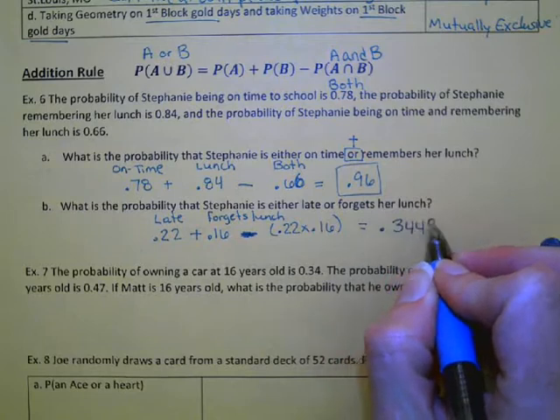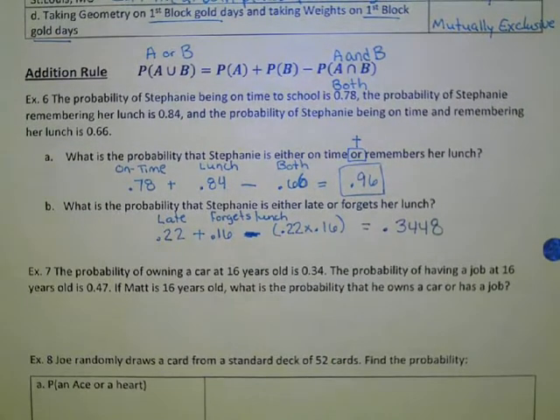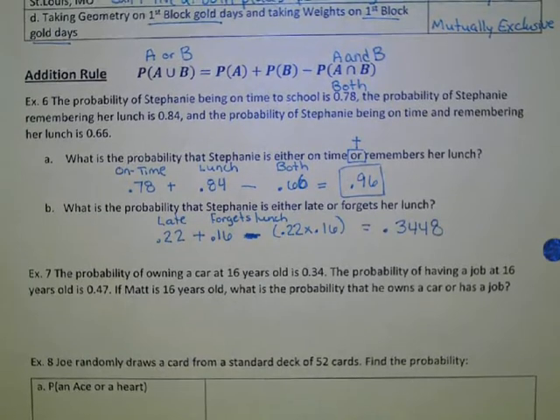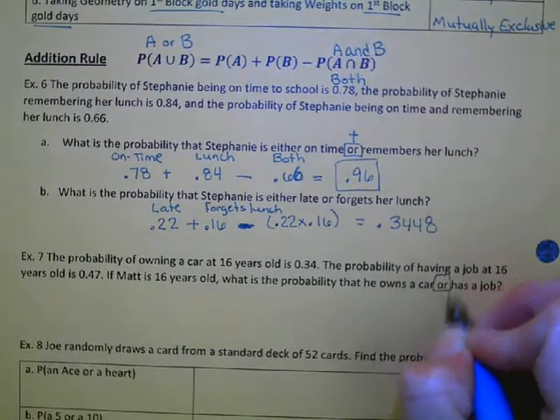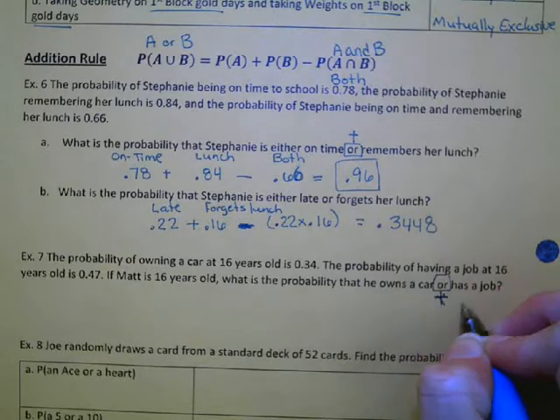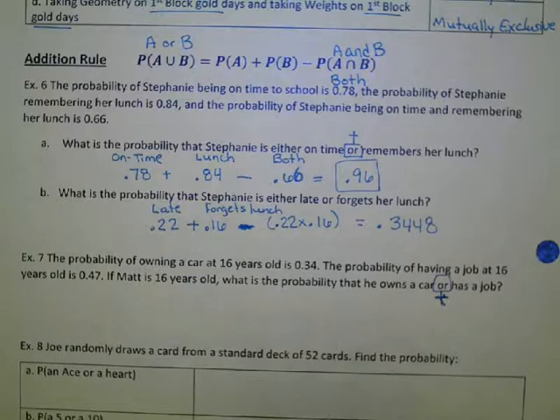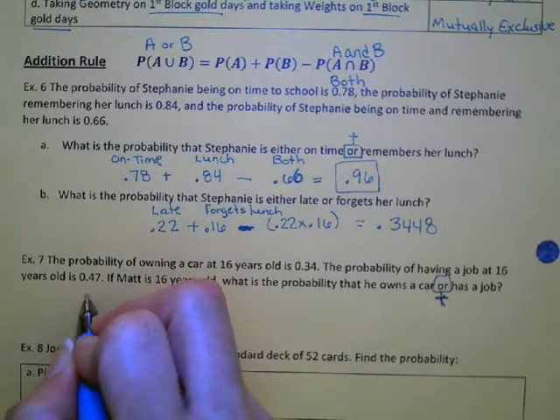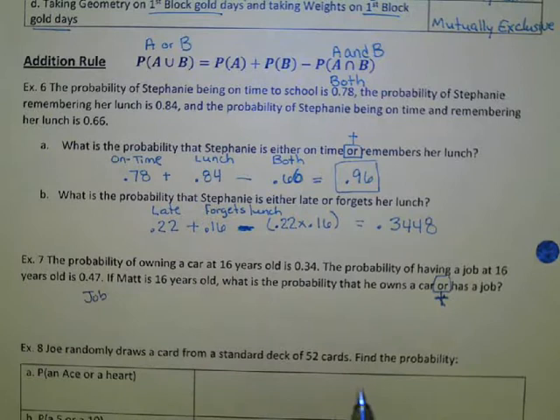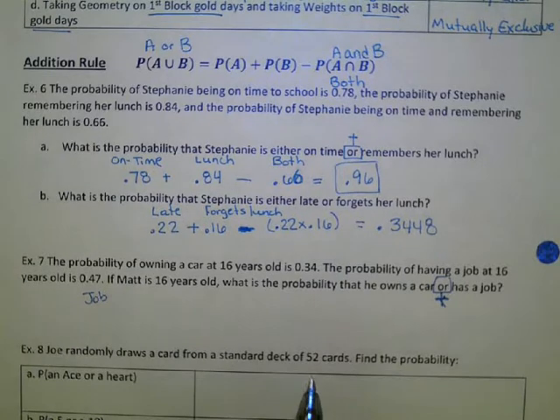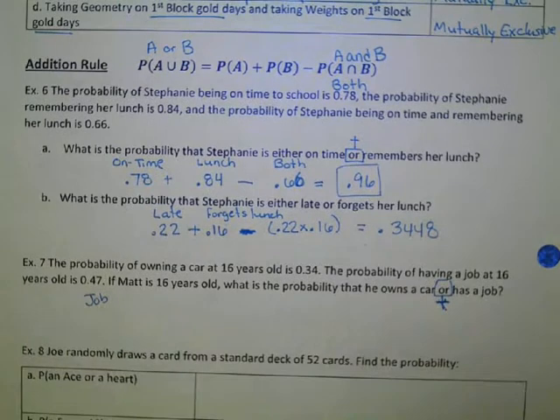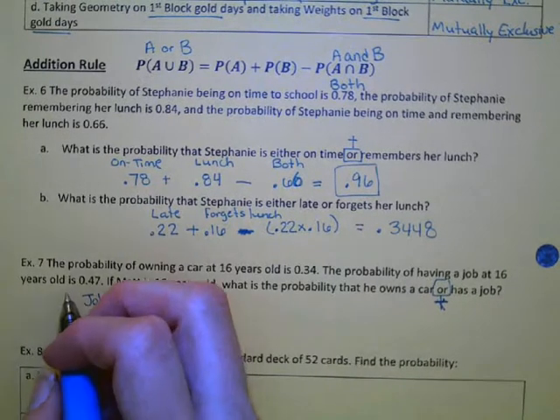Alright, probability of owning a car at 16 is 0.34. The probability of having a job at 16 is 0.47. If Matt's 16, what's the probability he owns a car or has a job? So OR is our adding and subtracting. So we know that it's possible for him to have both a car and a job.